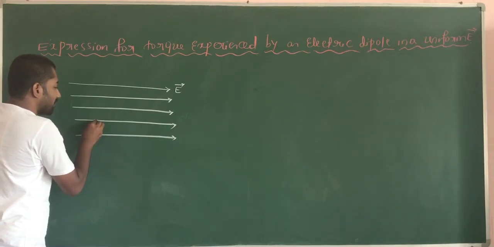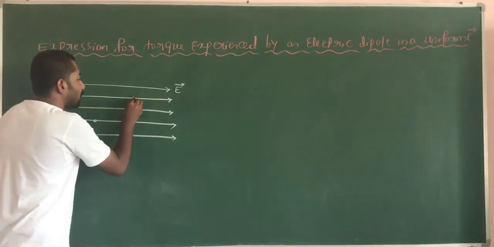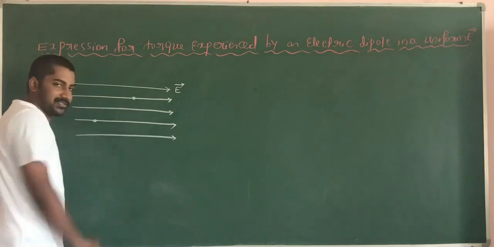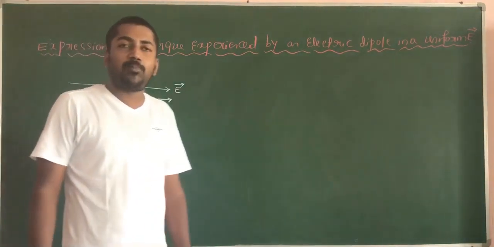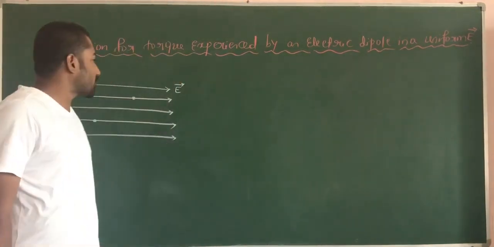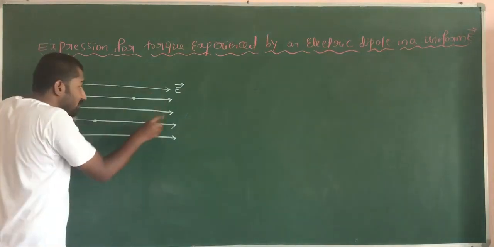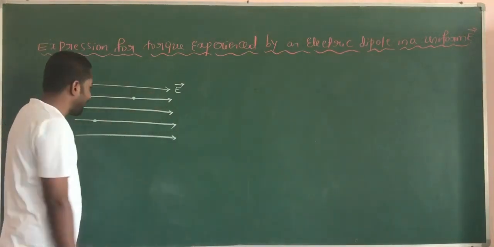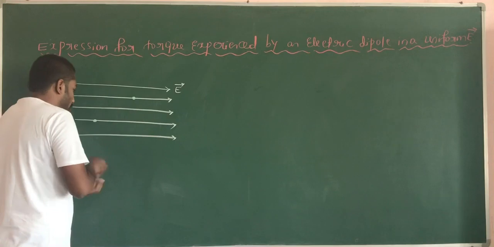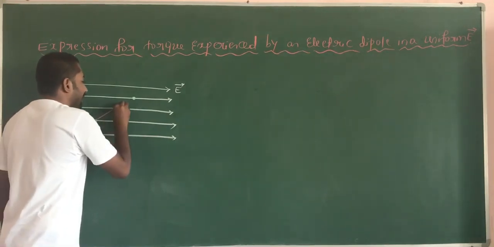Electric dipole means a pair of equal and opposite charges separated by a small distance. Here in this uniform electric field, now I place an electric dipole. This is the electric dipole.